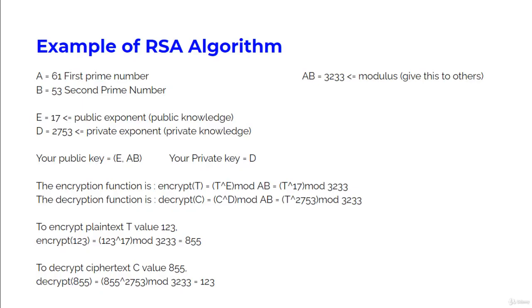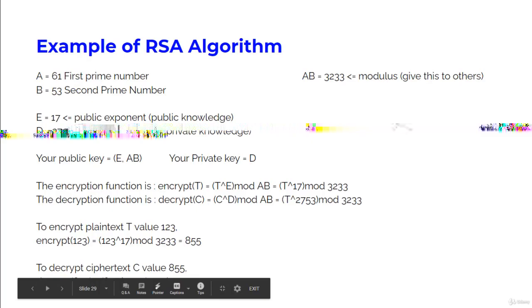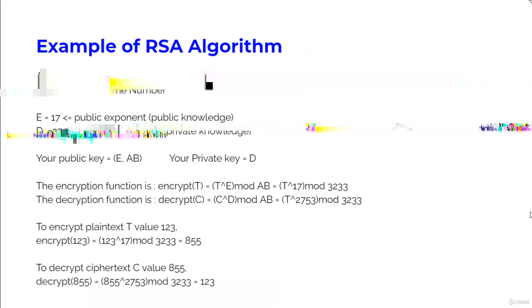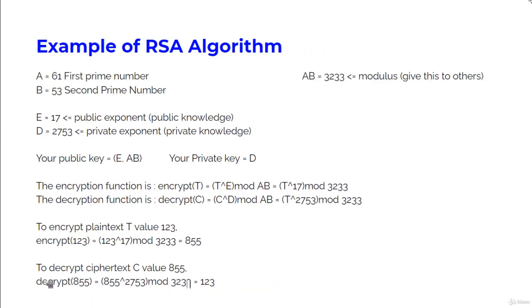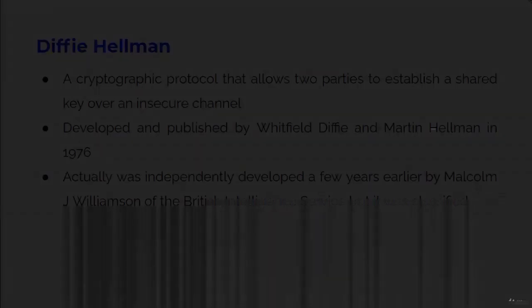To decrypt the ciphertext C, that is the value 855, the decryption function of 855 will be 855 raised to 2753 mod 3233, that is equal to 123. So as of now, you must have known that if we share our private key with anyone, then it's easy to decrypt the value. Therefore, the thing you should remember is that you should keep your private key secured. In this case, your private key is D.